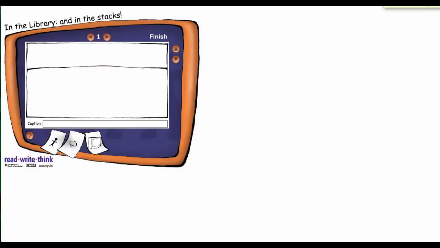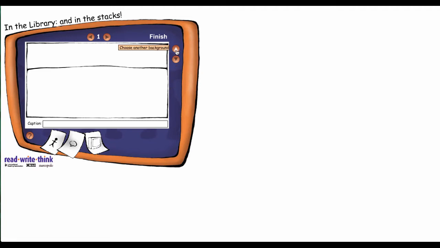Okay, let's take a look at the Comic Creator interface here. You'll see that you're able to scroll back and forth between the different panes. And we'll look at this in a moment. Down here you also have some ways to add things to your comic. So this is an extremely user-friendly tool that could be used by elementary kids as well as high school.